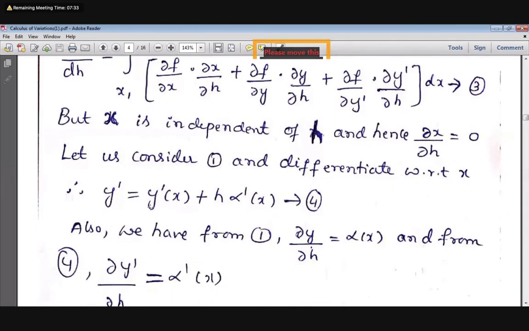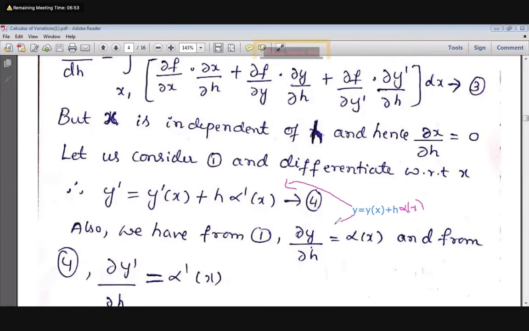From equation 1, ∂y/∂h equals alpha of x.